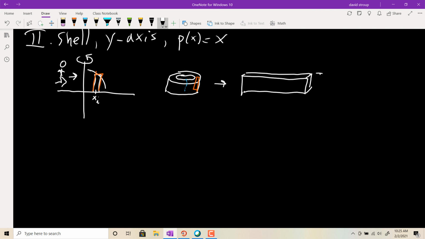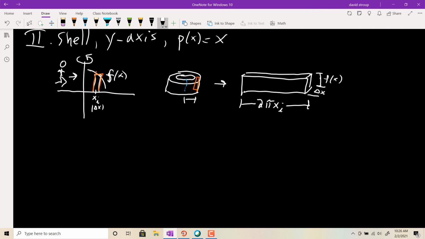So the height is the height of the rectangle, and that's given by whatever formula the curve has. So let's call it f of x. Then the width of the rectangle is given by change in x. And then this distance is 2 pi r, and the radius in this case is just the distance to the red rectangle, which is given by x sub i.